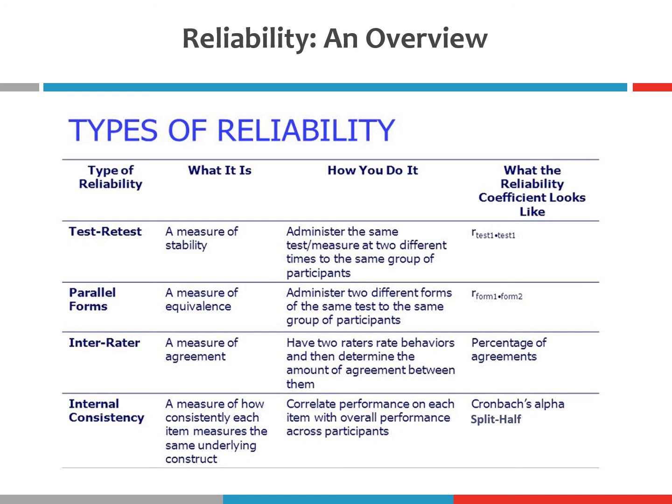And the way that we would execute a parallel forms test of reliability is we would administer 2 different forms of the same test to the same group of people and attempt to correlate the individual respondents' score on the first form of the test with their score on the second form of the test, okay?